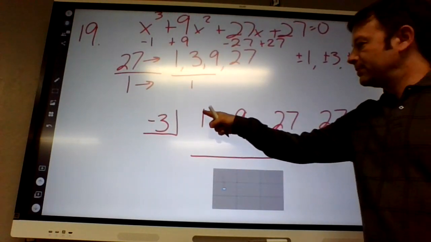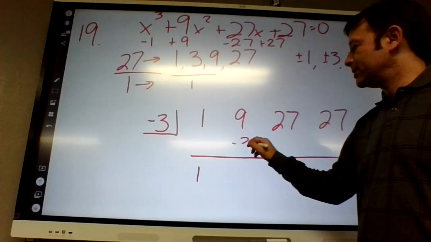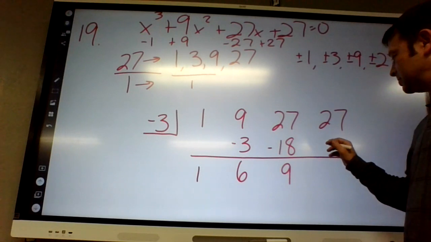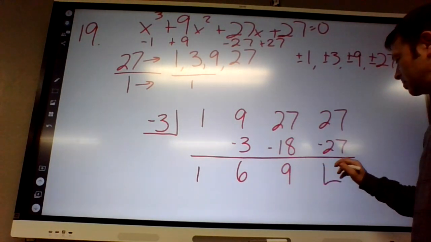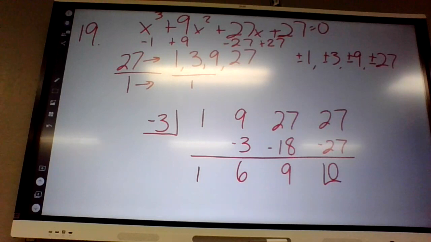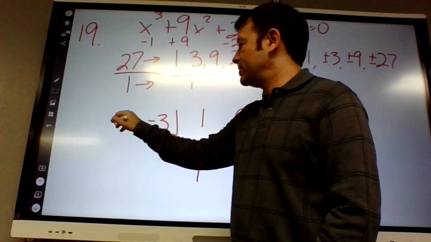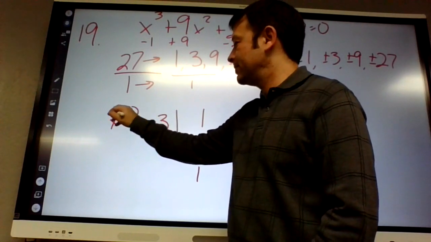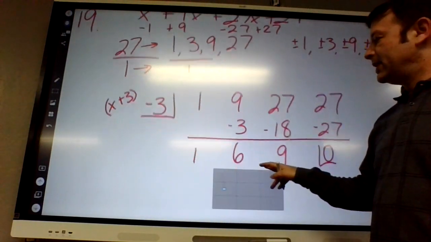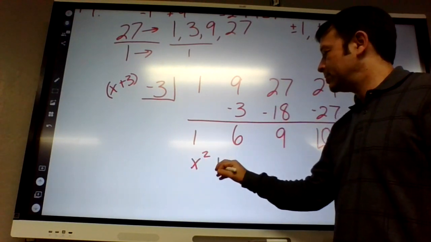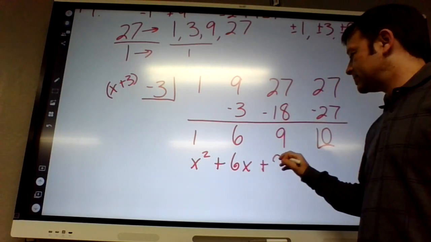All right, so add down, multiply it, down. Surprise, surprise, surprise. It works. That tells me negative 3 is an answer. It tells me it is a root or a 0 or whatever. It tells me x plus 3 must be a factor. And it tells me what's left after I divide by x plus 3. X squared plus 6x plus 9.